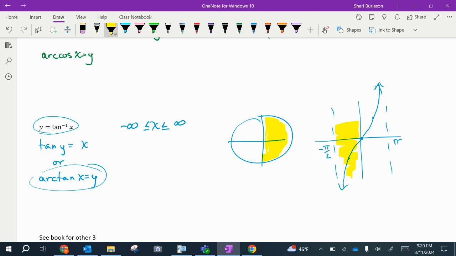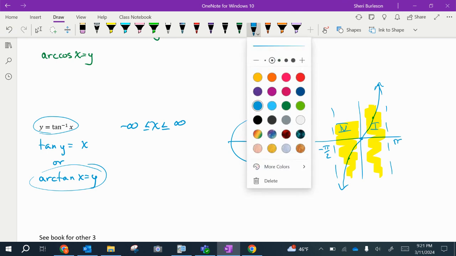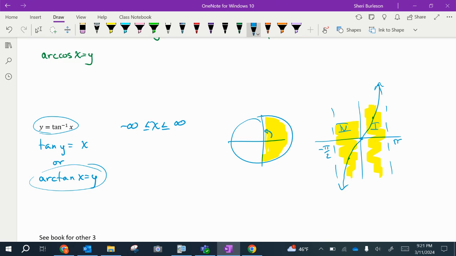Quadrant 4 is to the left of the y-axis. Quadrant 1, this is quadrant 4, 1. And in quadrant 1, it is a positive rotation, but at pi over 2, we have an asymptote, so it will only be less than pi over 2, but not equal to.